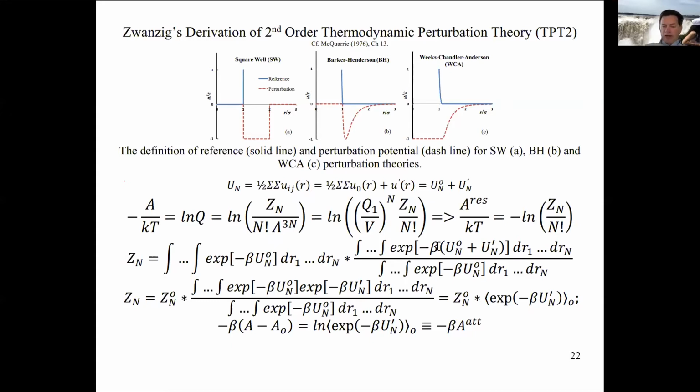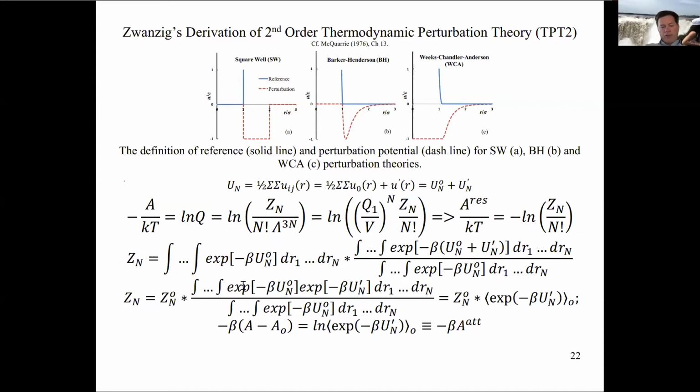And if we want to break that down into a repulsive part and an attractive part, then we can just multiply and divide by the repulsive part. And then remember that the exponential of the sum is the product of the exponentials. So that's just a very basic trick.